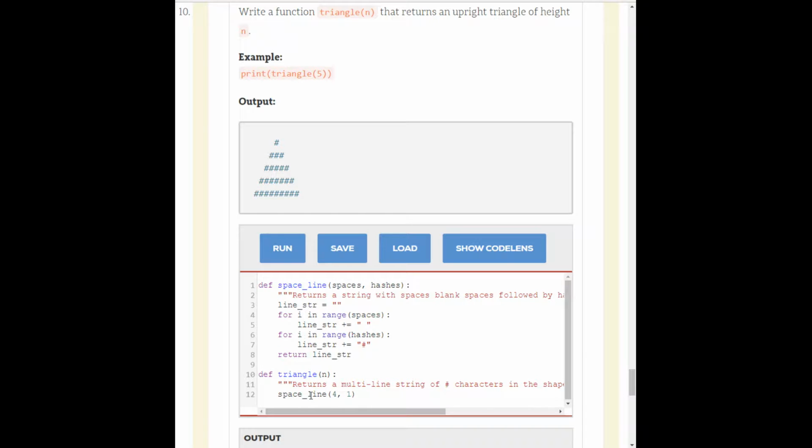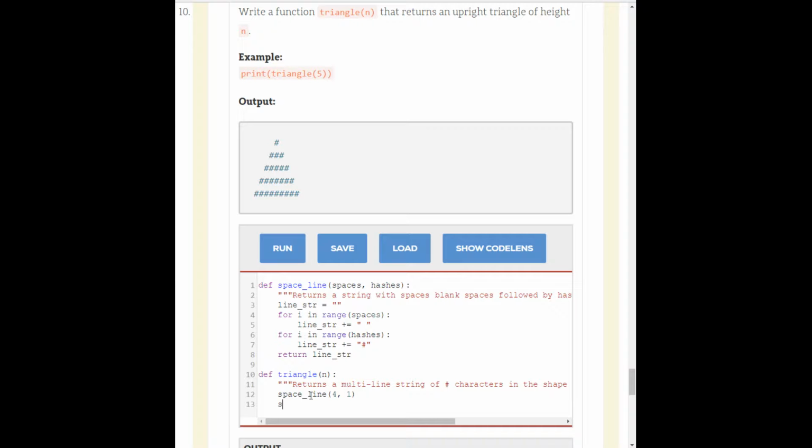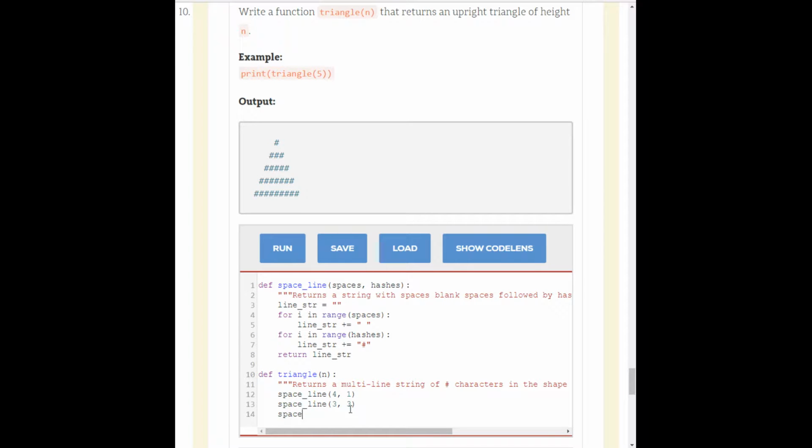I can't just write out the next line the same way. It would be spaceline, what is that? 3, 3. Yeah, 3, 3. I can't just write all this out, but if I wanted to build something that looked exactly like this, I would need to keep going: 2, 5.